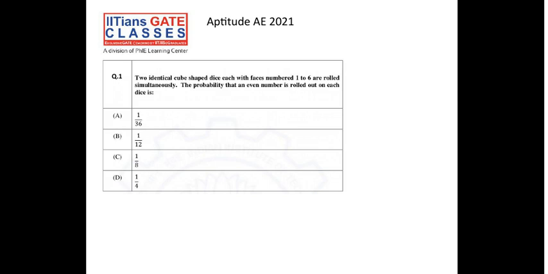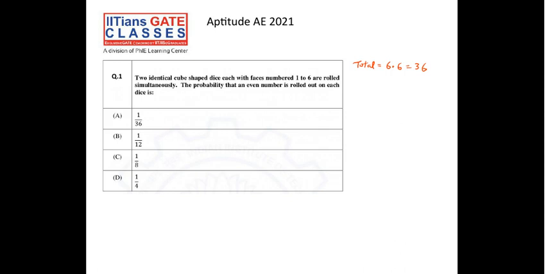So let's start by first calculating the total number of cases. So that comes to 6 into 6, which is 36. Since there are two dice and 6 numbers on each, it comes to 6 into 6.